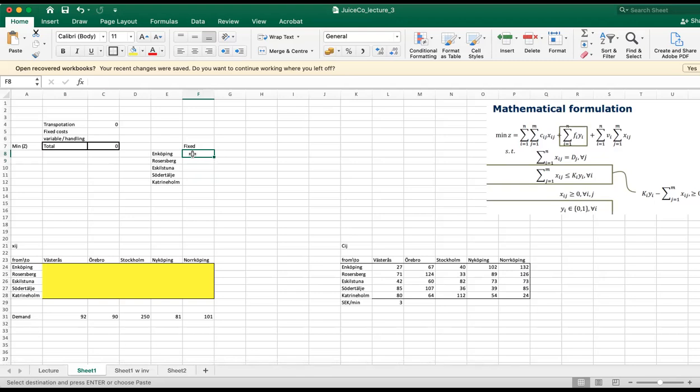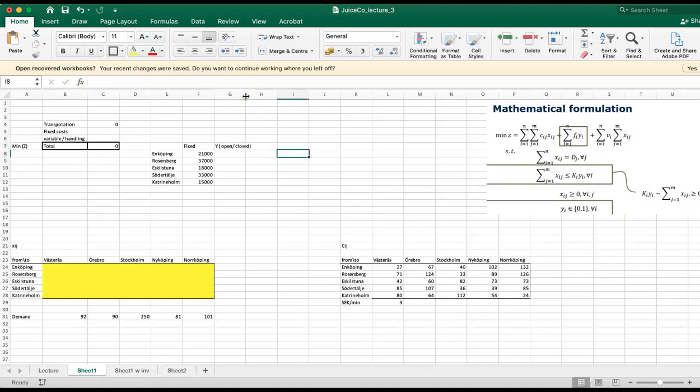So if you paste it here, and then we have the Y variable. So the Y variable, we say that it's a decision variable and it is a set of zeros and ones, which means it is in the network or not in the network. It is open or closed. For now, we are looking for only one.